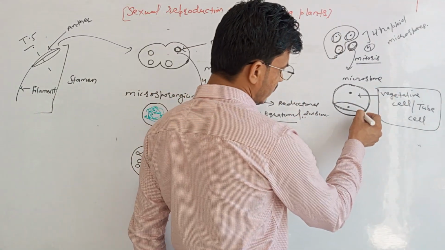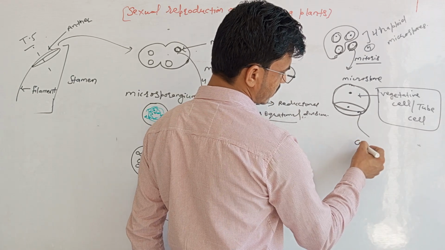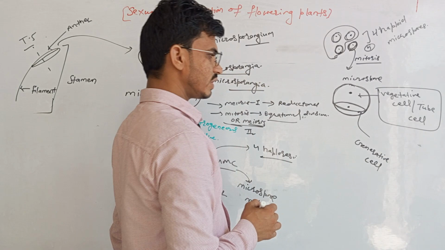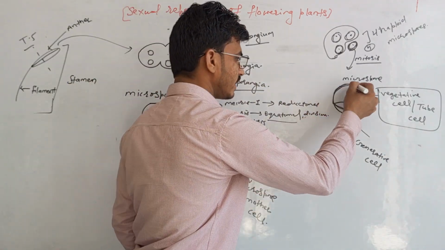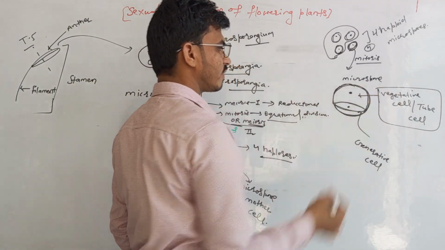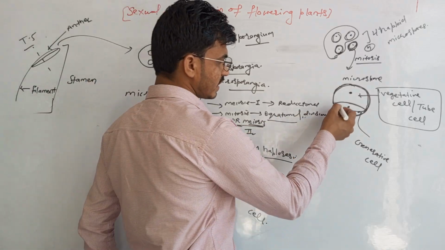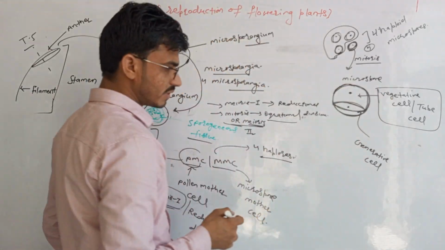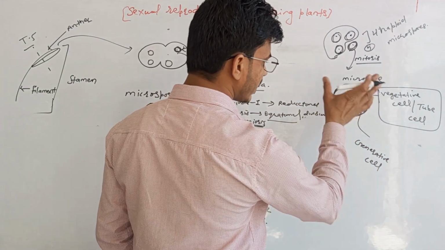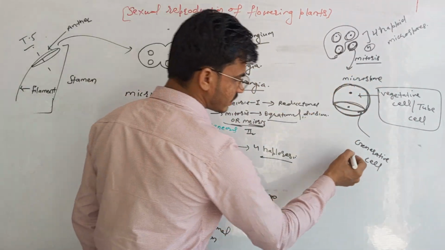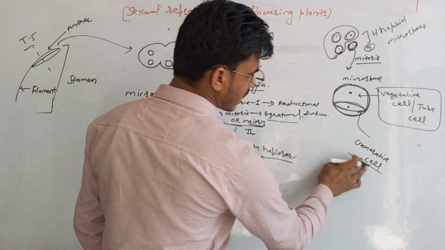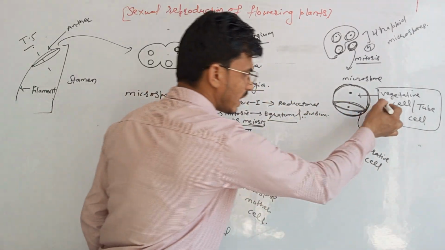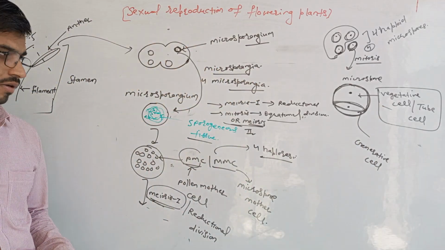The other cell is the smaller cell, the generative cell, which floats in the cytoplasm of the larger cell, the vegetative or tube cell, because it is a very small cell compared to the larger cell.